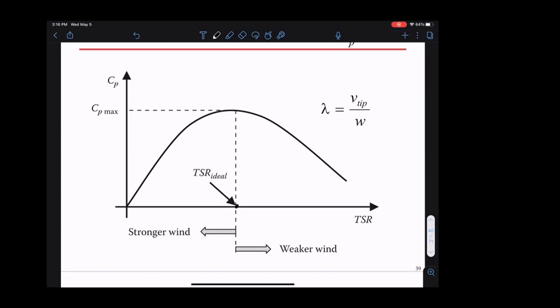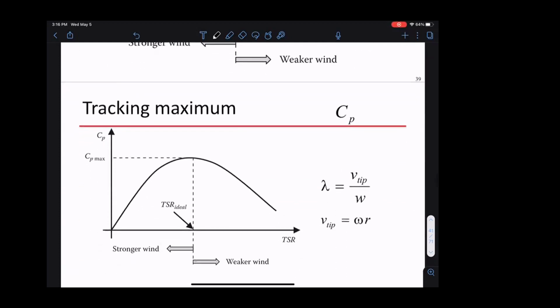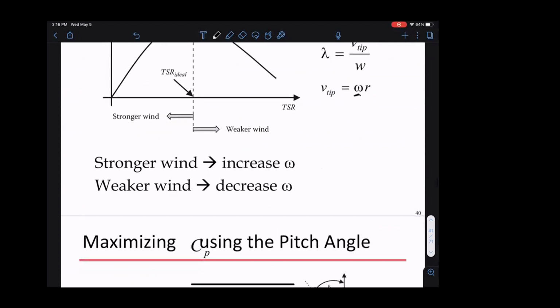With weaker wind, your ratio goes up. So you want to change the rotation speed of the blade to keep tracking the maximum performance. The way you do it is by changing the pitch.